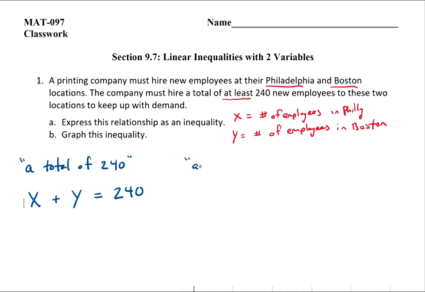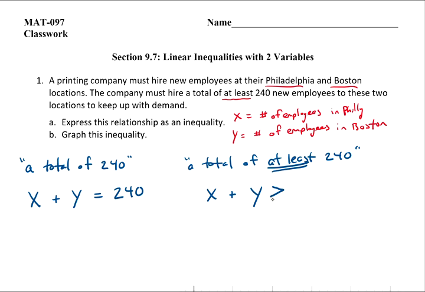We have a total of at least 240. So that means 240 or more. So the number of employees hired, X plus Y, the number of people hired in Philly plus the number of people hired in Boston must be equal to 240 or more.